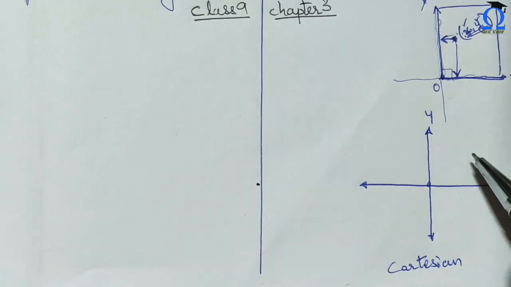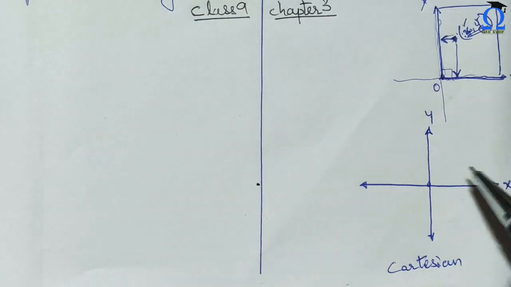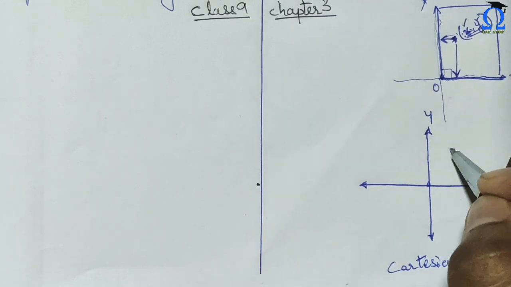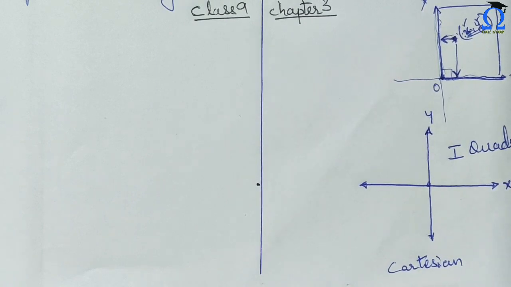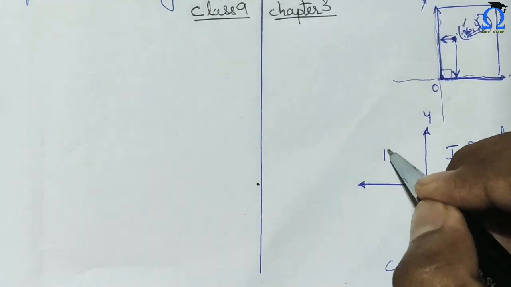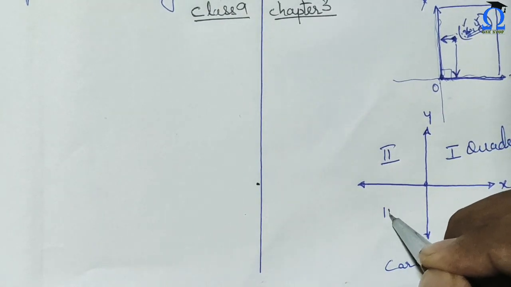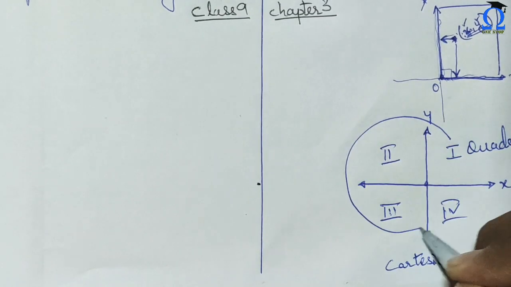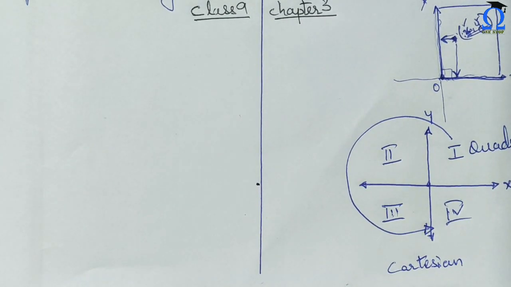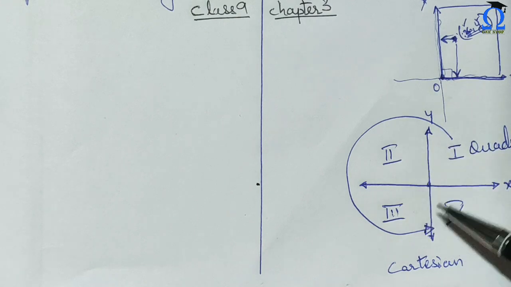Now we have some spaces between the axes, and they are named: this will be our first quadrant, this will be our second quadrant, this will be our third quadrant, this will be our fourth quadrant. You have to learn the direction, 1 2 3 4. Understood? You have to remember this direction, how we assign these quadrants.